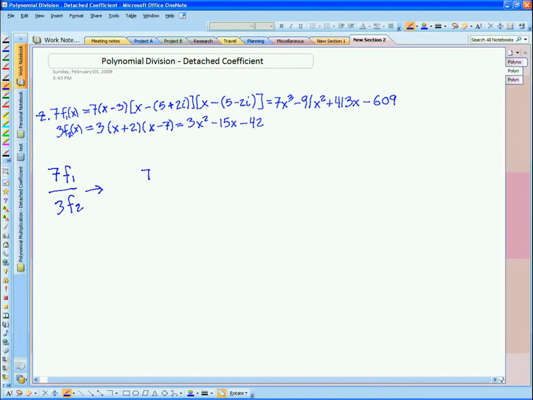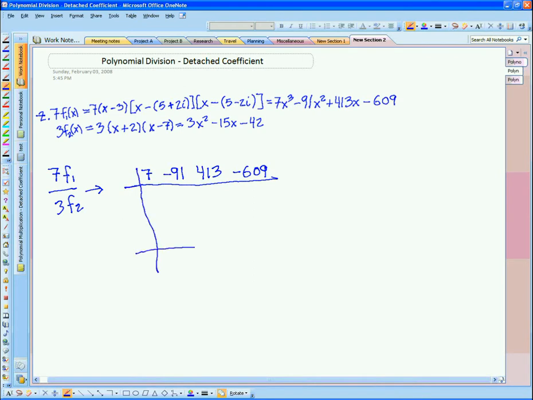Okay, I'm going to write down the terms of the dividend, 7, negative 91, 413, and negative 609. Then we're going to again write a roughly straight line that should be a little bit longer than this line here.